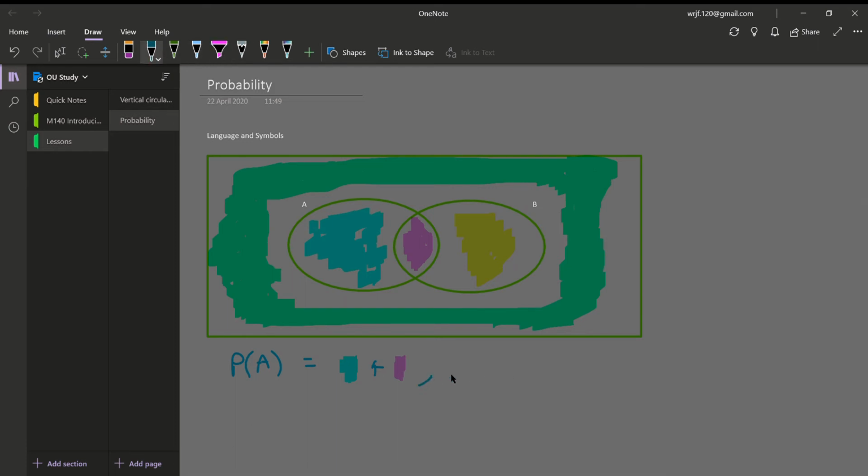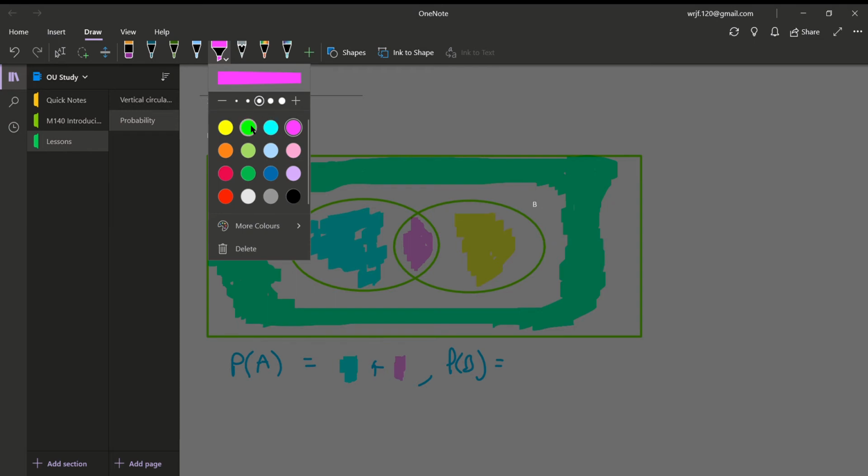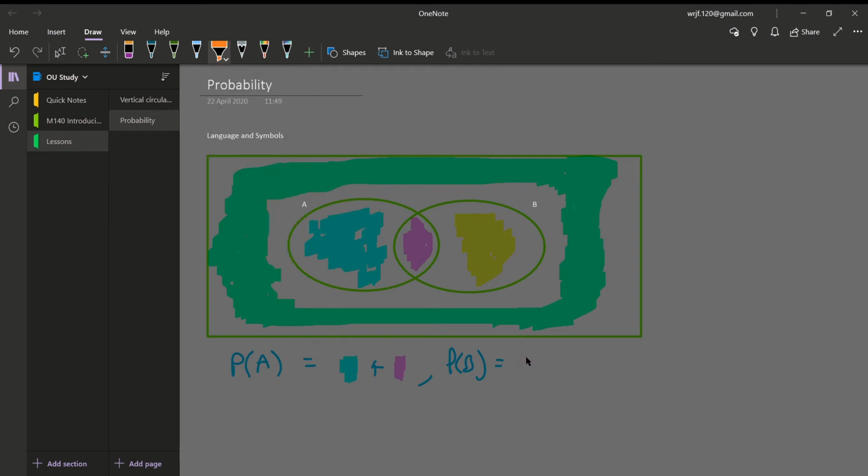We'd also think about the probability of B happening, and in terms of which regions I'm looking at there, I'm looking there at the muddy orangey colour section, and then I'd be also including that purple section.